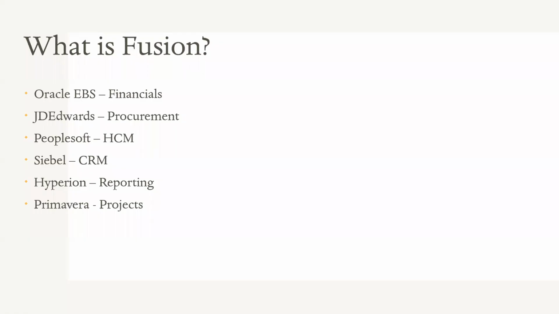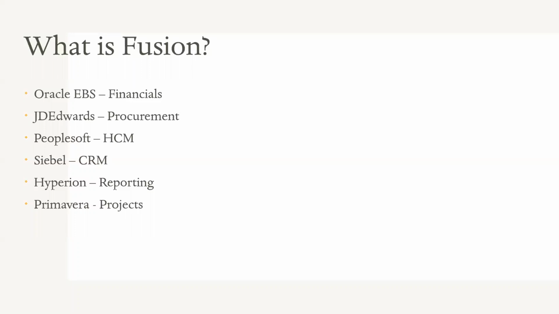Okay. So basically, what is the Fusion application? Earlier we had the different versions of EBS, that is R12. Oracle has acquired five companies: JD Edwards is good with procurement and other things, PeopleSoft has human capital management, Siebel has CRM, Hyperion is for reporting and the financial part, and we have Primavera for projects.